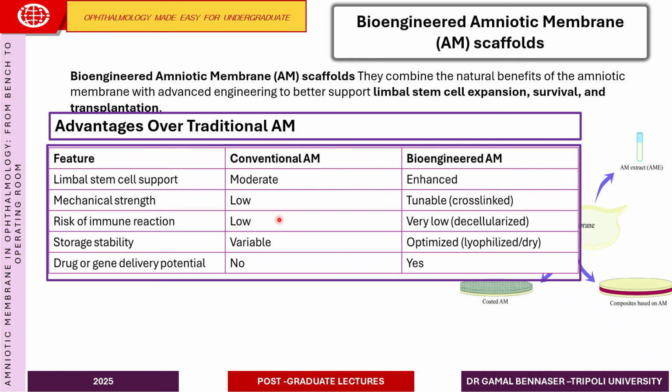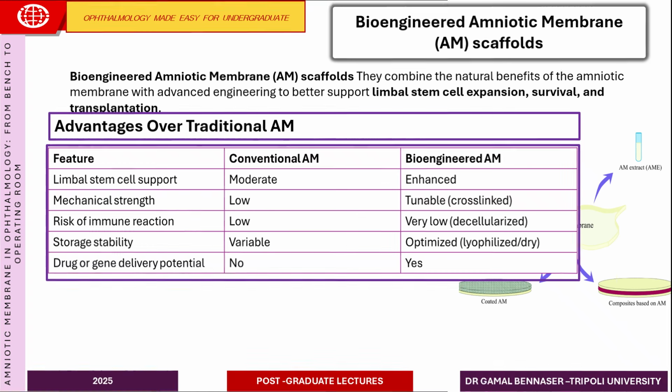However, the conventional one should be applied immediately, or you have to do cryopreservation. And as far as the addition of drugs, we can add some drugs to the bioengineered amniotic membrane, either to reduce the inflammation as an anti-inflammatory or to maintain the sterility. So these are the major advantages and disadvantages of the conventional amniotic membrane as compared to the bioengineered amniotic membrane.